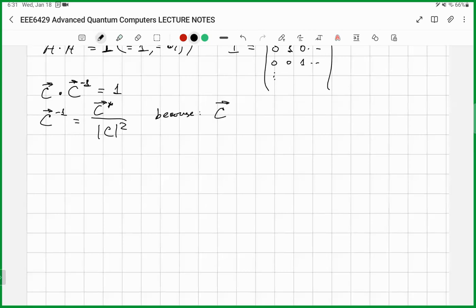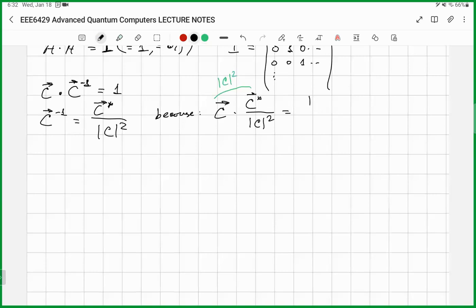I have this vector C times the vector complex conjugated, I mean, here I assume that my vector can be a complex vector, over C squared. But C vector by C complex conjugated is simply equal to modulus C squared.